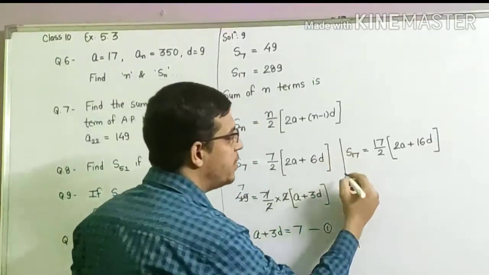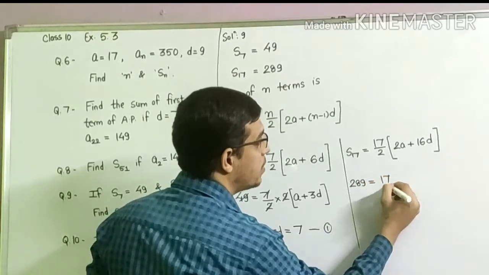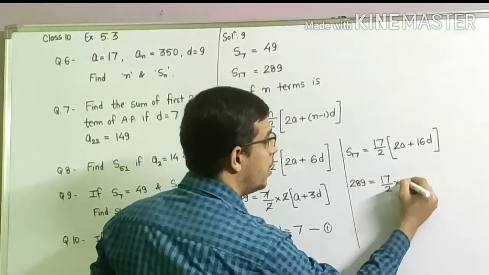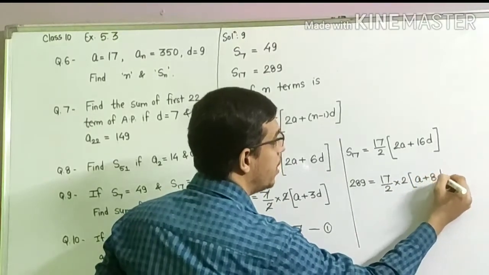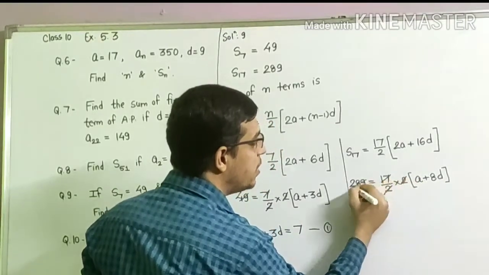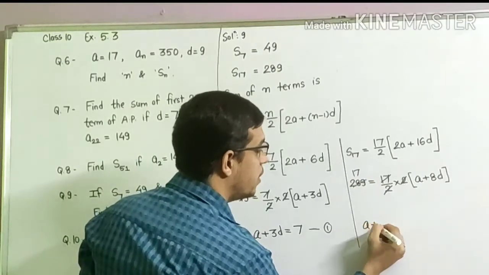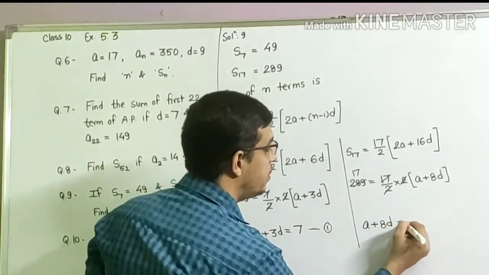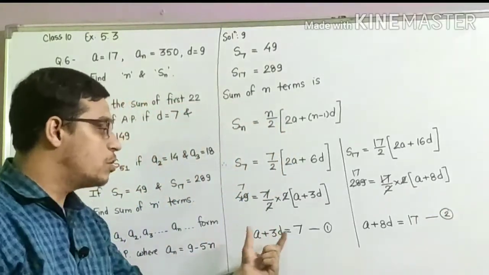Now what is S17? 289 is 17 by 2 into, again 2 can be common, so a plus 8d. 2 cancel, 17 17s, square is 289. So I get a plus 8d is equal to 17. Equation number 2. So we got two equations.